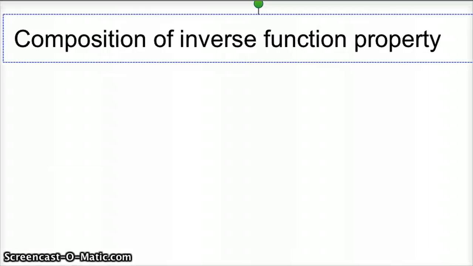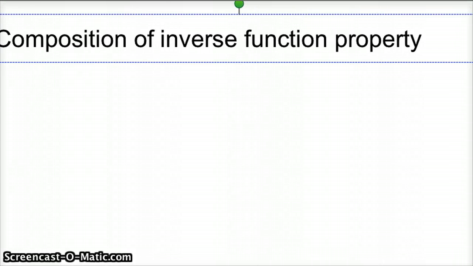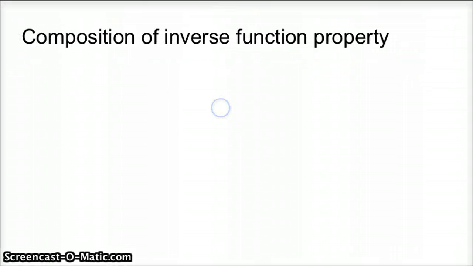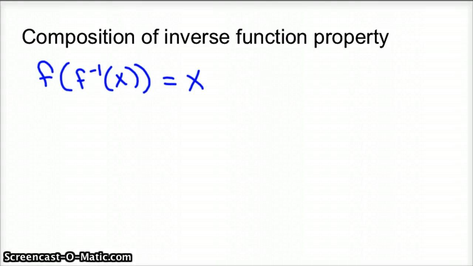Okay, the other thing you can do is use the composition of inverse functions property to see if they're truly inverses of each other. Basically, if you compose the function and its inverse at x, you should end up with x.